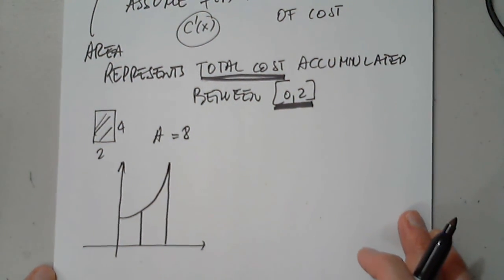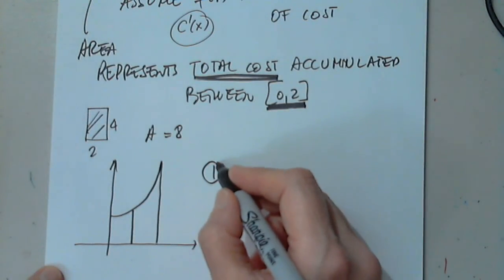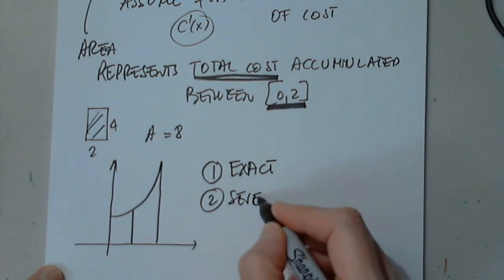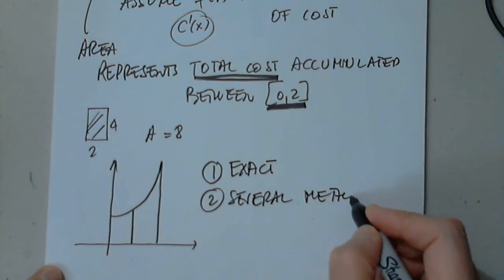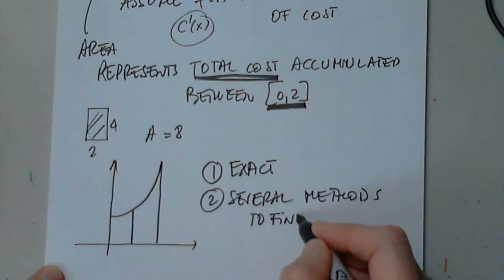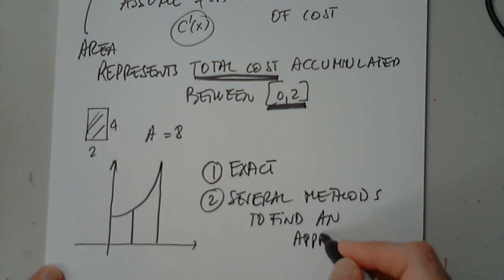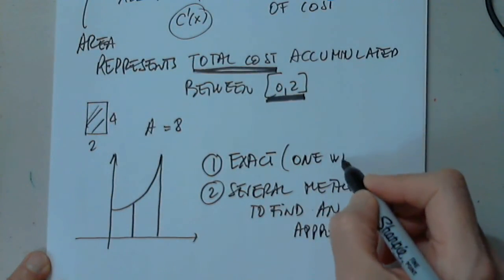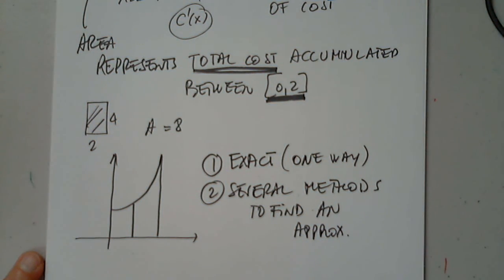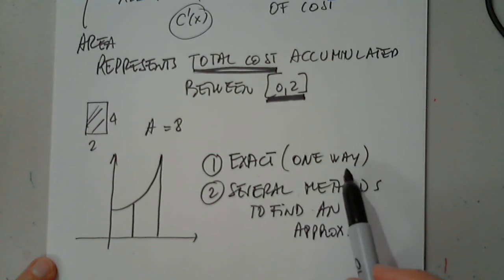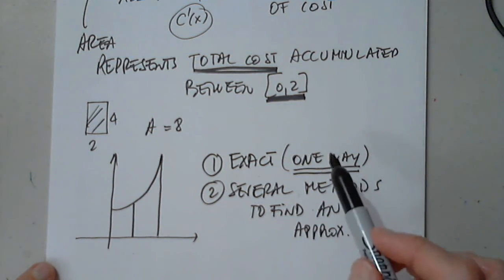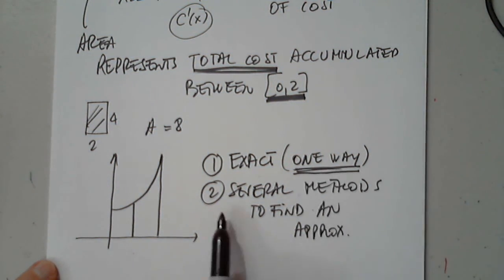We have several ways of, one way to find exact, and several methods to find an approximation. Exact is only one way that we are going to look at. I shouldn't say just one way in general, but for us, that we're going to look at, it's going to be one way. But this one has several methods to find an approximation.